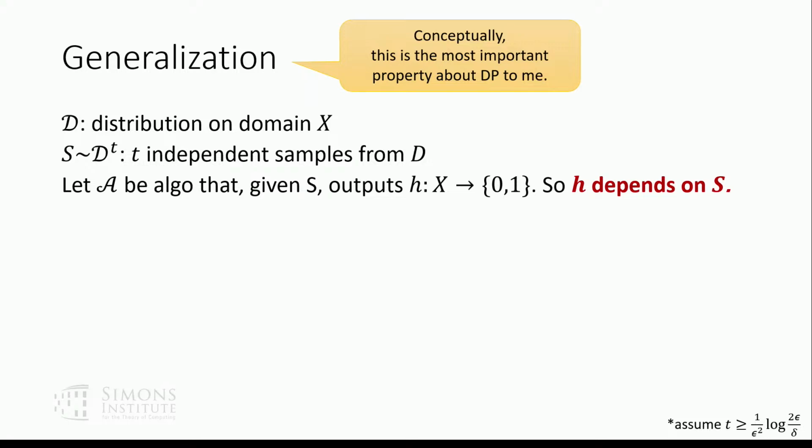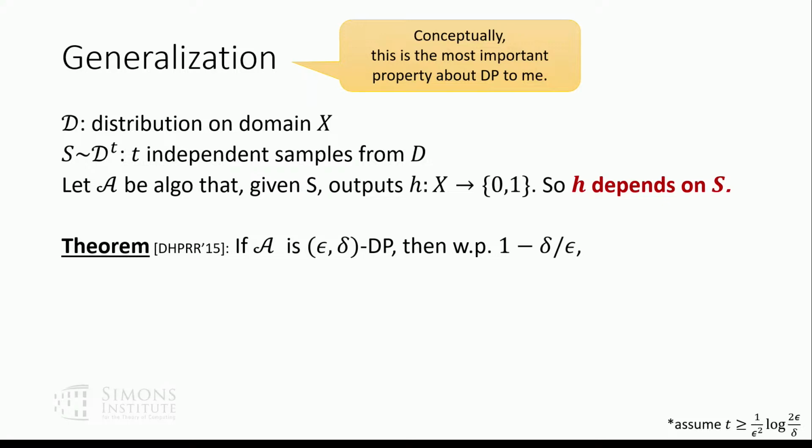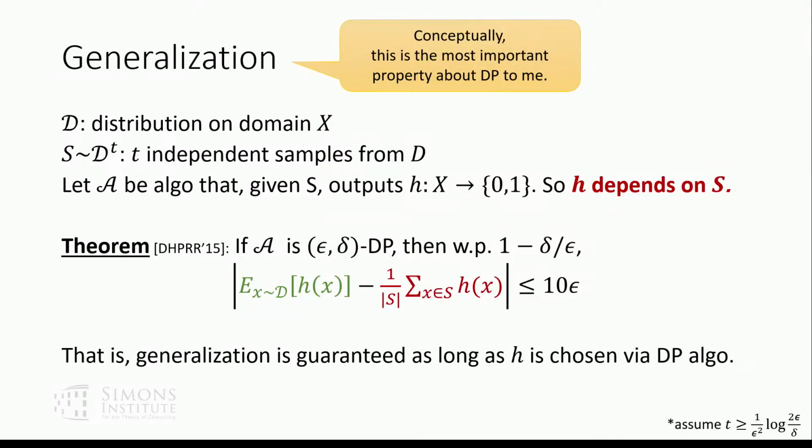So H actually depends on S. The point is that if this algorithm is private, it turns out that this empirical average is going to be similar to the expectation, with some error. This is really cool to me. What does it say? It says that generalization is guaranteed as long as H is chosen by a private algorithm.